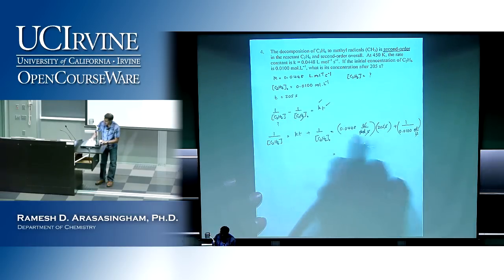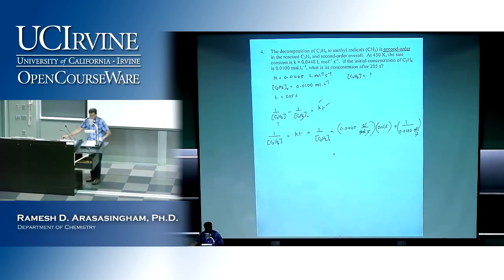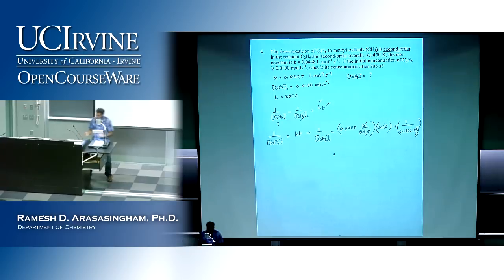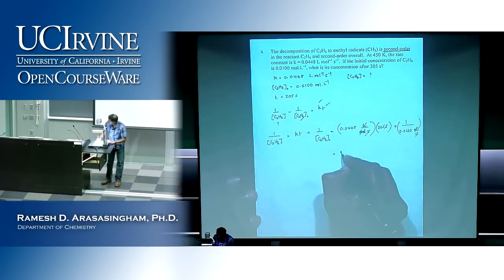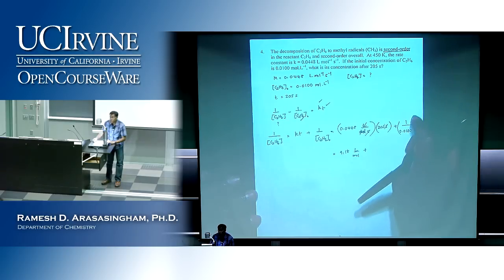So let me just put this number. If you take this and multiply this by this, it's a 3 sig fig number, and that number comes out to be 9.18 liters per mole, plus this is the inverse of moles per liter.